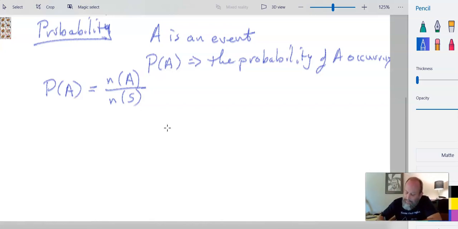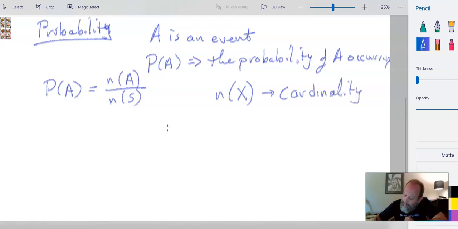Here's the idea: the function n, if I'm talking about n of anything, and I'm just putting x as a dummy variable because you can put anything in there, is called the cardinality. And the cardinality is basically the number of things in that set.